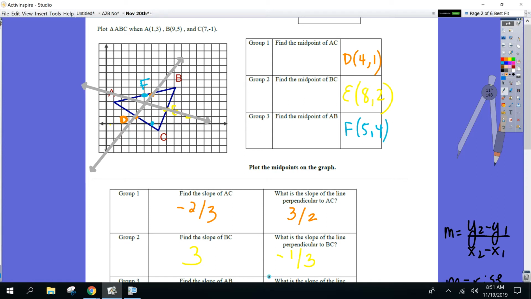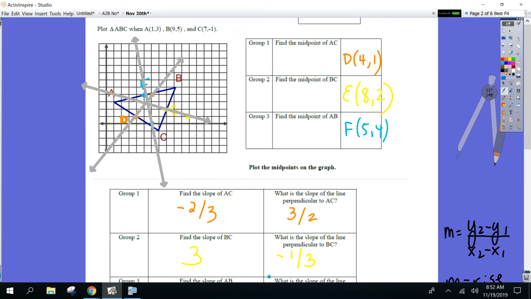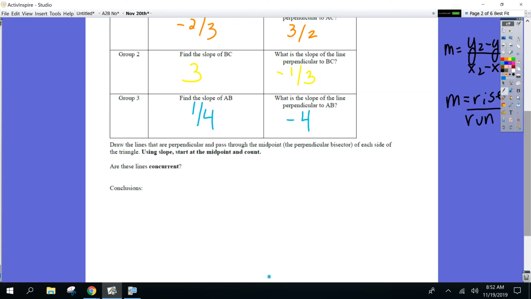And if you've been using a straight edge, you should notice something. So let's go down to, hopefully, if we've been using a straight edge, we've constructed all 3 perpendicular bisectors.